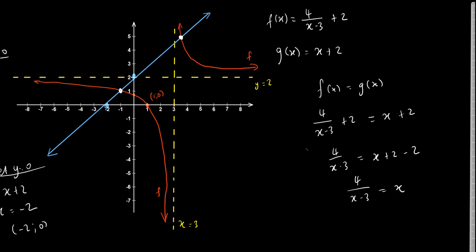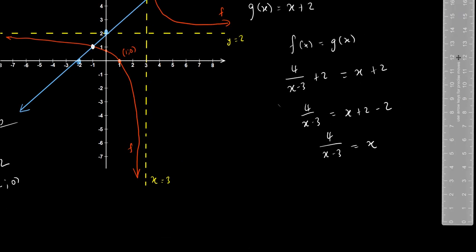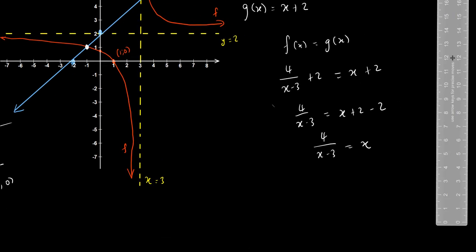Right. So what we can do there, let's solve for x. We'll make this x over 1, so we have 4 times 1, which is 4, and then we're going to have x into x minus 3, and quickly simplify.